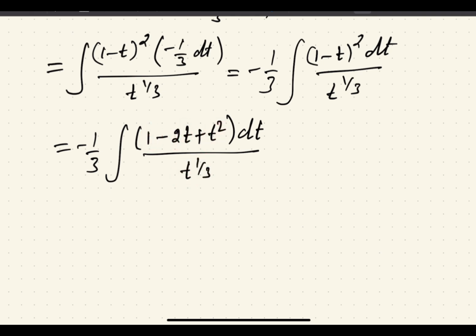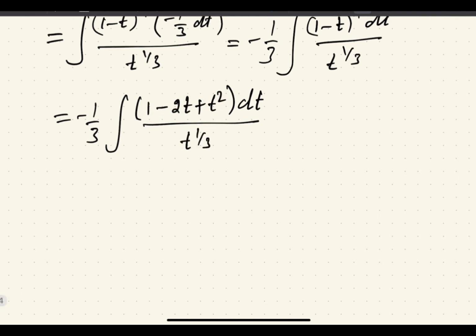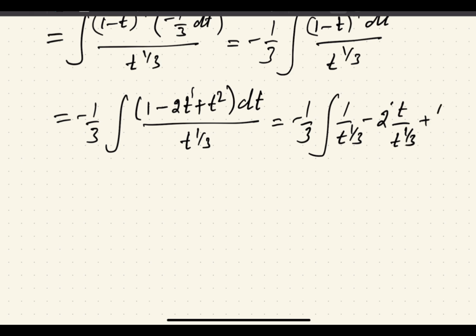After that you can integrate, and this will be equal to, I will do only this step, the rest you can do yourself: 1 over t to the power 1 over 3 minus 2t power 1 take away this, write this way here, plus t square over t to the power 1 over 3 and dt.